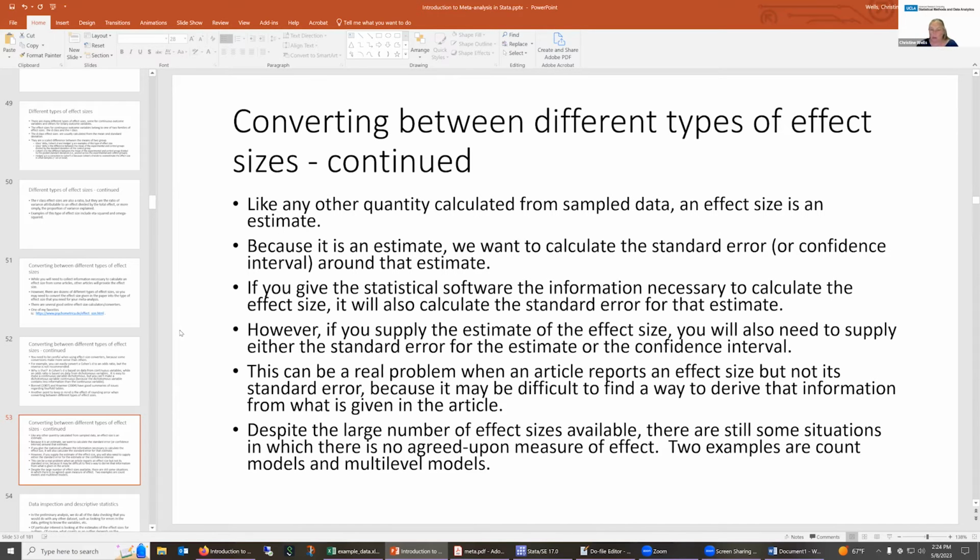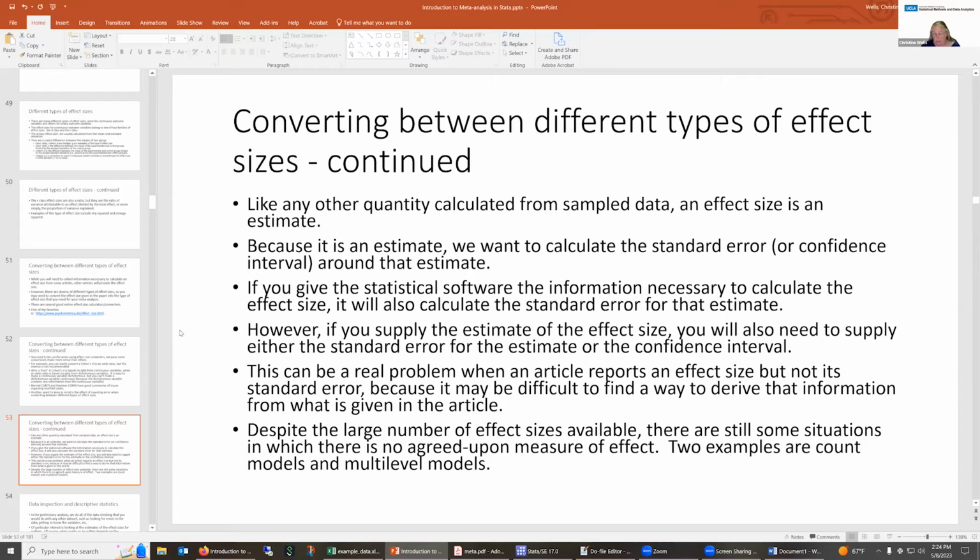Now, despite the large number of effect sizes that are available, there are still some situations where there's no really agreed upon way to measure the effect. Up until just recently, I would have said my two examples are count models and multi-level models. But some members of our group have been working on recent stuff for getting effect sizes for multi-level models, at least for continuous outcomes.